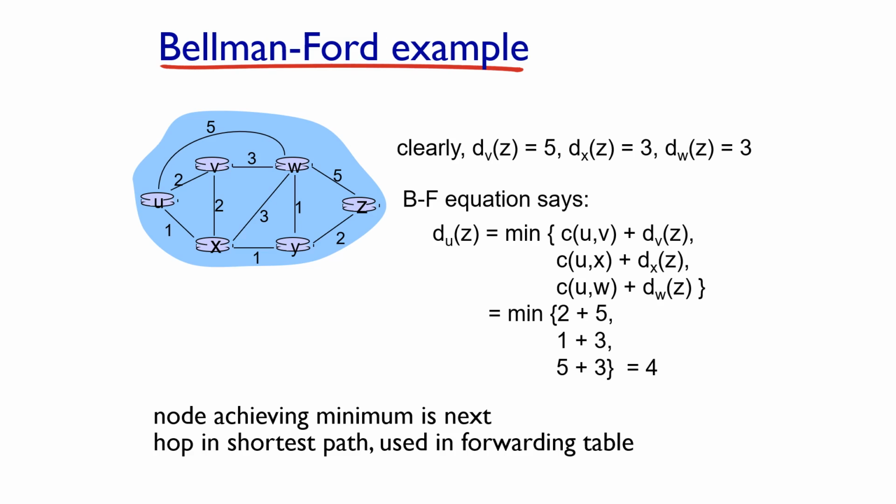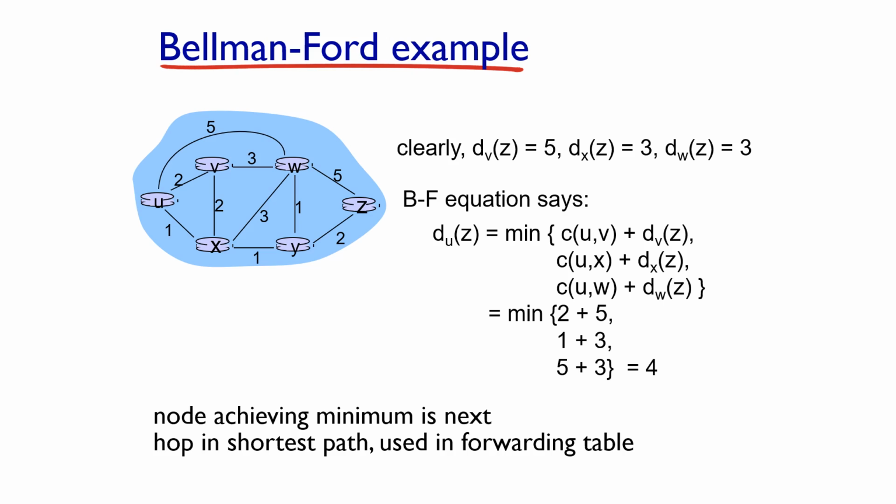Then next, u to x is 1. Then x to z is x to y 1 plus y to z 2. So 1 plus 2 is 3. Then the cost of u to w is 5, since it is a direct neighbor. Then w to z: there is a minimum cost path w to y, y to z.